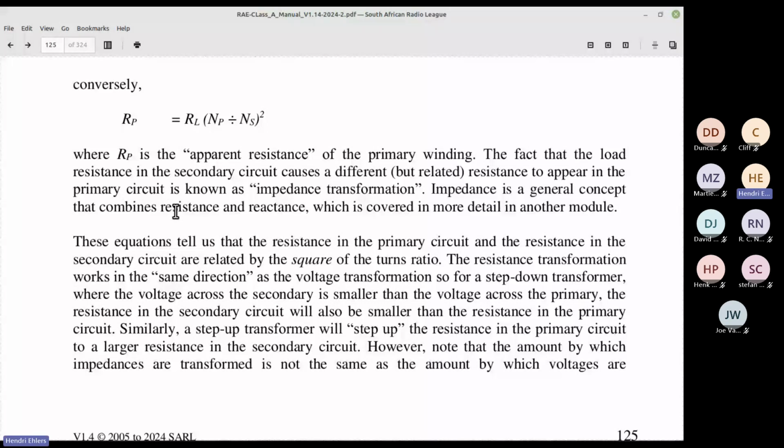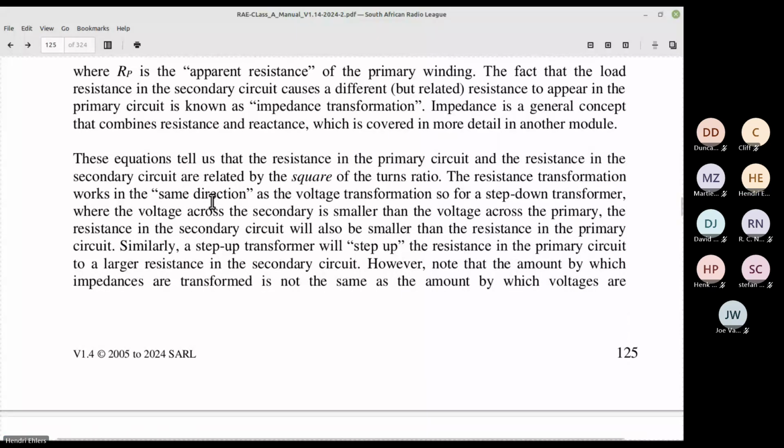Impedance is a general concept that combines resistance and reactance, which is covered in more detail in another module.